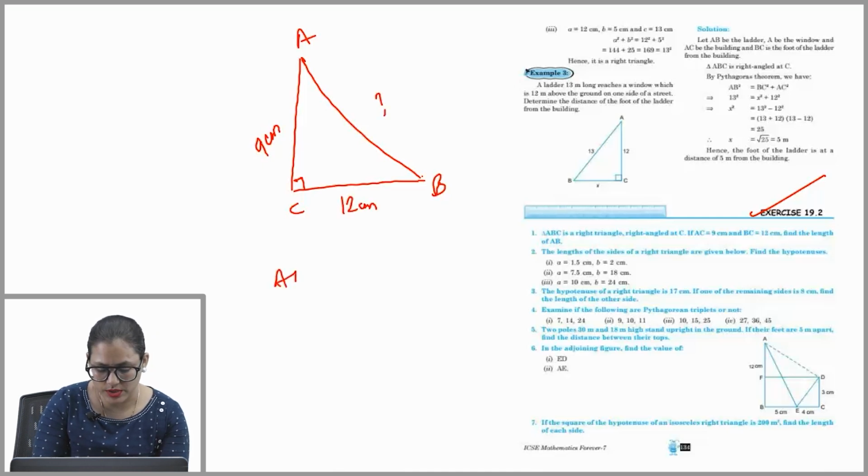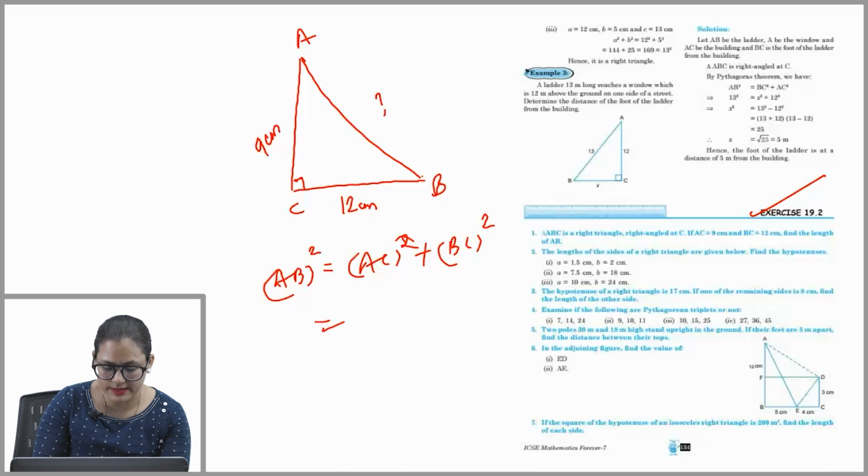So, AB square is equal to AC square plus BC square. AC is 9 square plus BC is 12 square. 9 square is 81 plus 144.